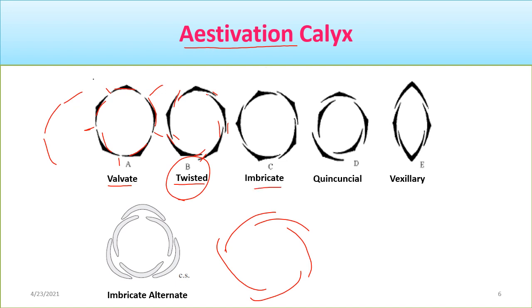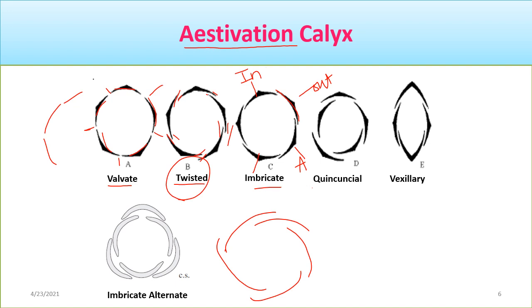Imbricate type of estivation is there, where one is completely out, one is completely in, and the remaining three are alternating. Here you can see this one is completely out. This one is completely in, and this one and this one are alternating with each other.